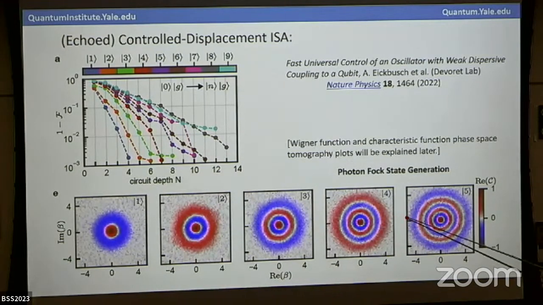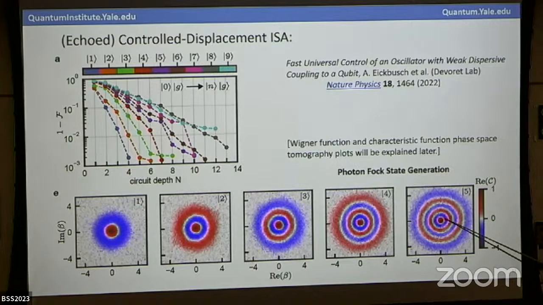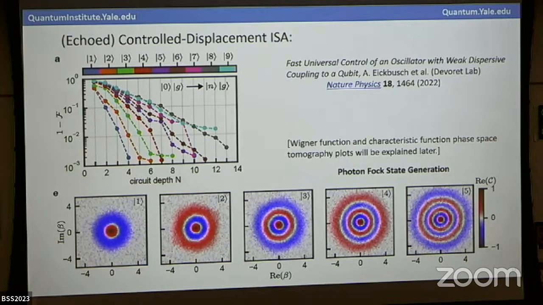Now these are Wigner functions. We'll explain what they are later if you haven't seen them, but basically they're quasi-probability distributions in phase space. And you can see they have rotational symmetry because you have definite photon number and completely uncertain phase. And they're pretty pictures. Okay?